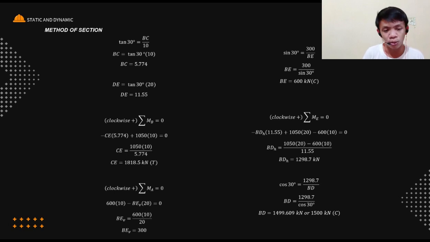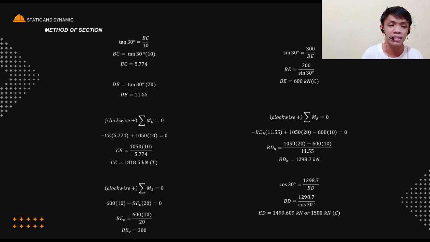1,298.7 kilonewton. And lastly, para makuha natin yun, gagamit naman tayo ng cosine 30, which is yung angle na meron tayo, or angle na given. So, cosine 30 is equals to 1,298.7 over BD. So, isolate natin yung BD. So, BD is equals to 1,298.7 over cosine 30 degrees.